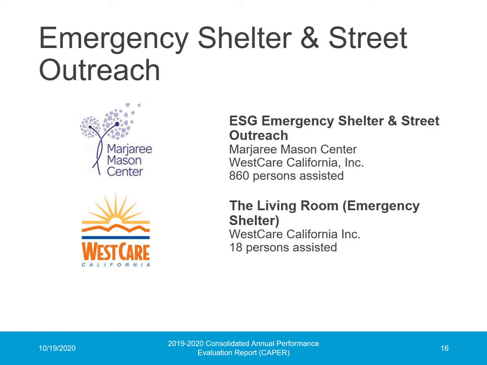WestCare's Living Room program also provided services to 18 persons using Housing Opportunities for Persons with HIV/AIDS funds. Additionally, bed nights made available by organizations receiving ESG funds were 22,009, with 20,469 bed nights provided. 93% of capacity was utilized.